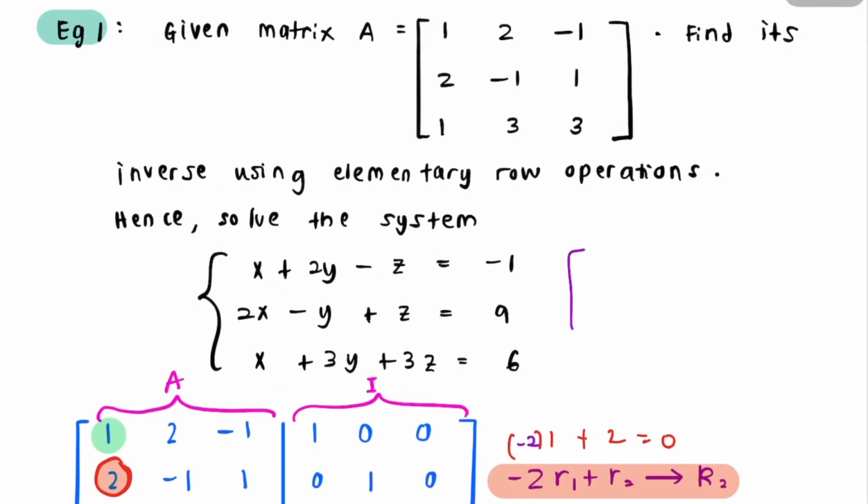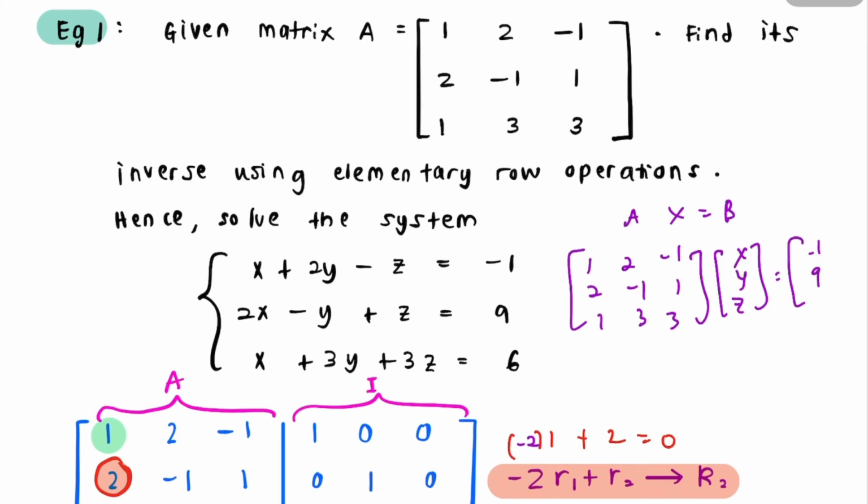So let's write this in terms of AX equal to B. So this is 1, 2, minus 1; 2, minus 1, 1; 1, 3, 3, multiplied by X, Y, Z equal to minus 1, 9, 6. So now you can see that this matrix here is the same.